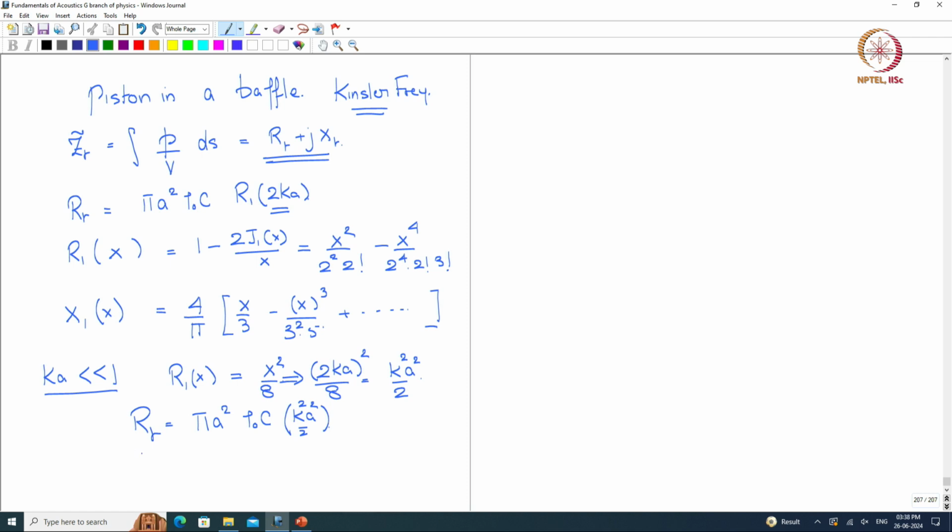What about xr? xr also takes the first term, which is 4 by pi 3, x is 2 ka. Okay. So that is xr part of it.